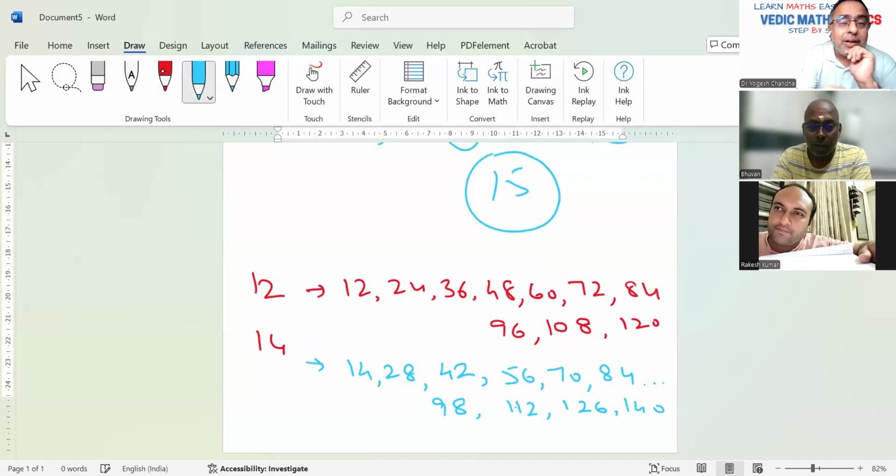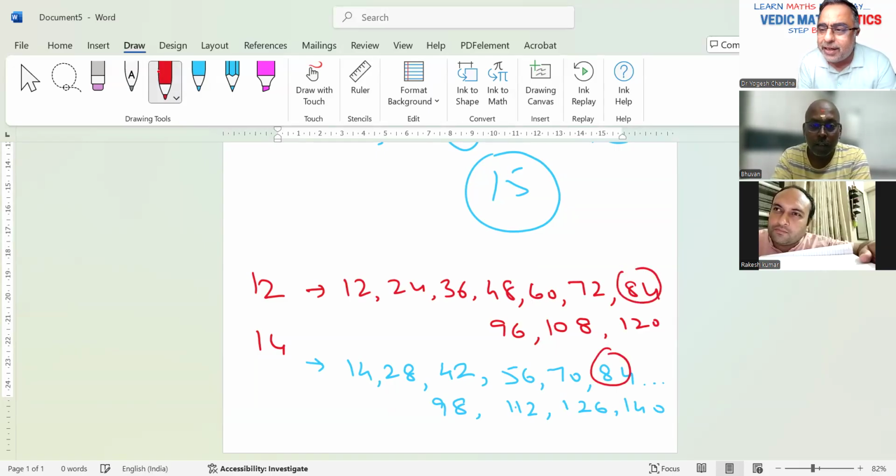Now again see what is common. We have 84 here, we have 84 here. Before that there is nothing common, na? Or do we have? No. So that's why this is your least common. Maybe after this 168 will be there. Got it?